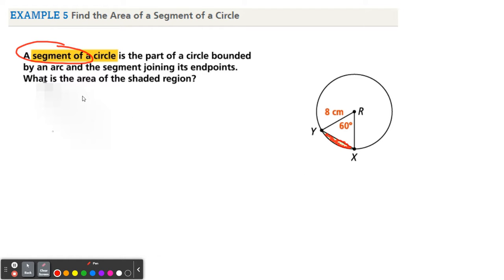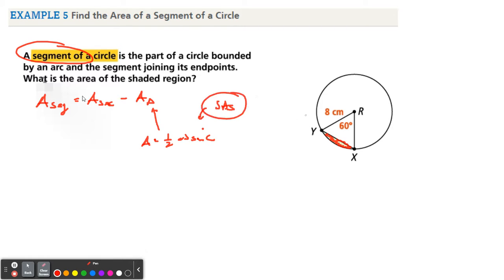And when you're looking for the area of a segment, you simply take the area of the sector and you subtract the area of the triangle. And now we have this nice formula from topic 8, area equals 1/2 AB sine of C. Remember, you can use that with the side angle side case, and in your picture, you should have a radius, and a central angle.